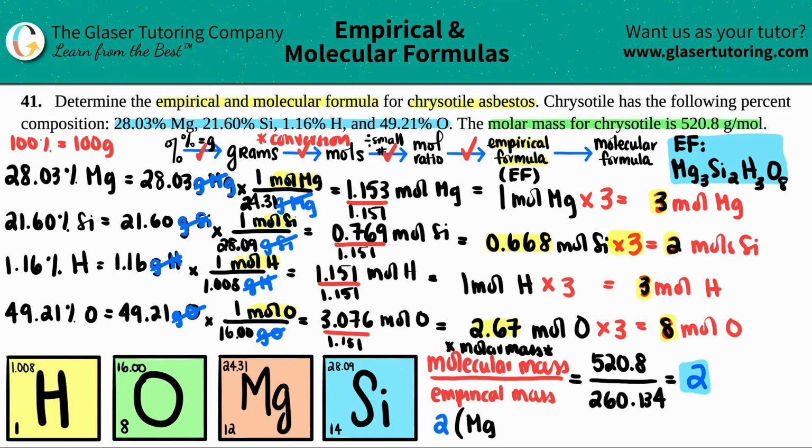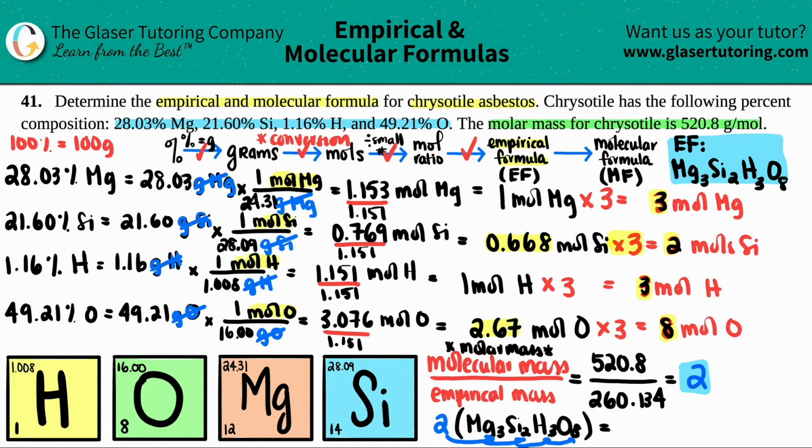So I have Mg3Si2H3O8, and all I'm doing is I'm just taking the 2 and multiplying it by all of the subscripts to get my molecular formula. And maybe I'll just call that MF for molecular formula.